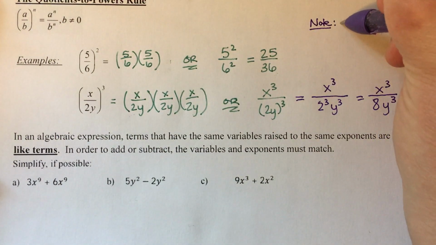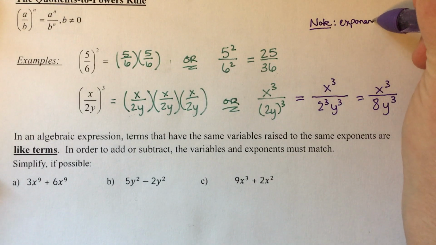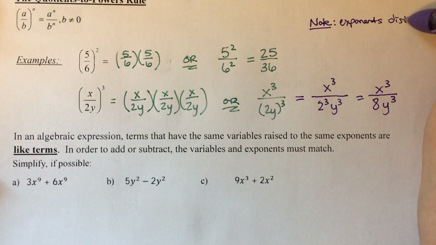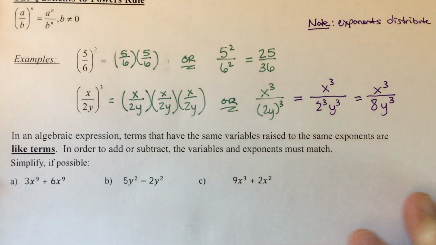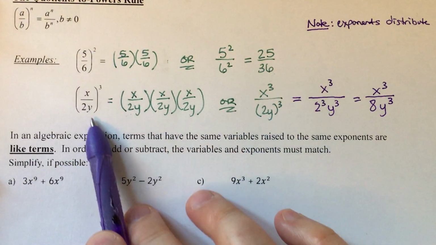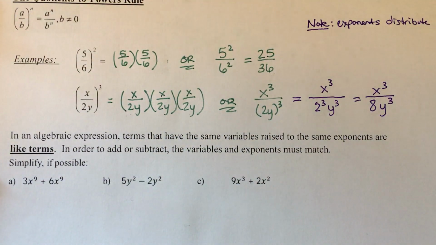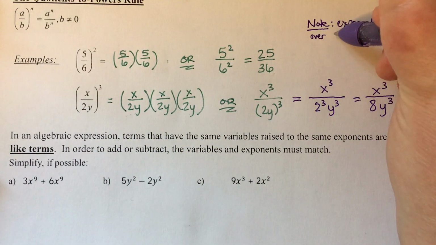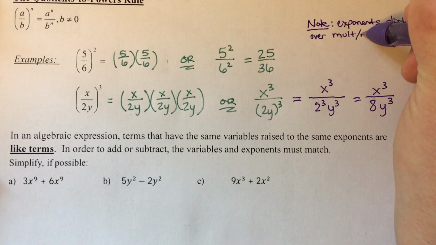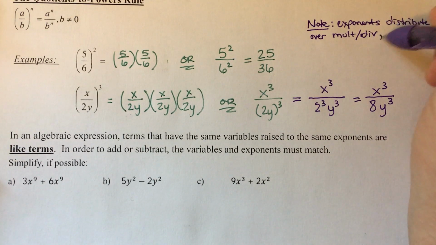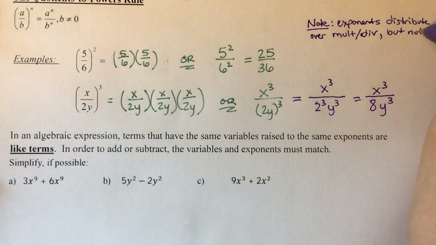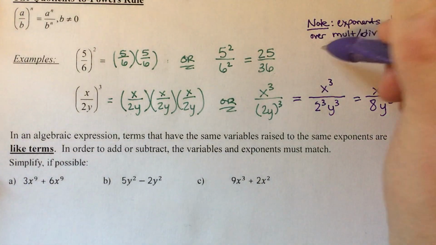Note that exponents distribute over multiplication and division, like what we saw here, where we had multiplication and division. The exponents just go to each piece over multiplication and division, but not addition and subtraction.